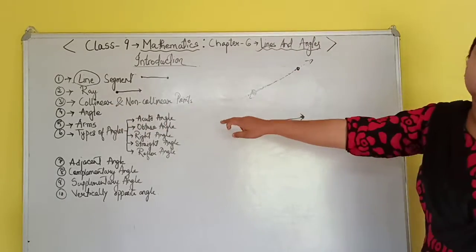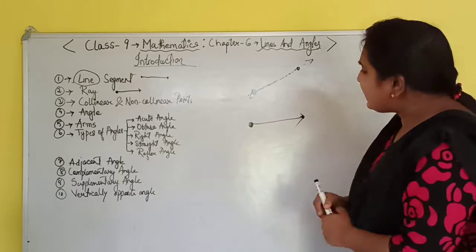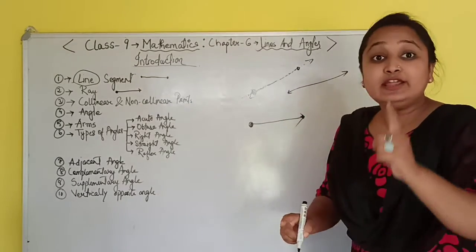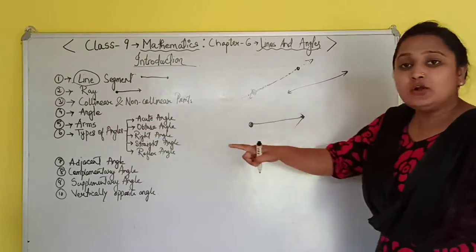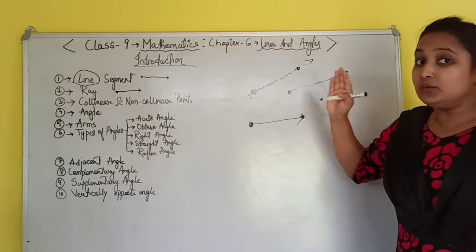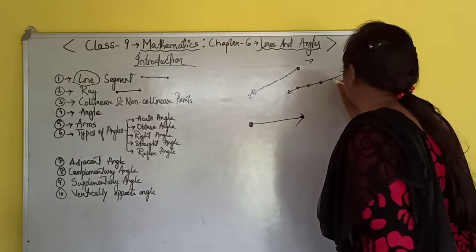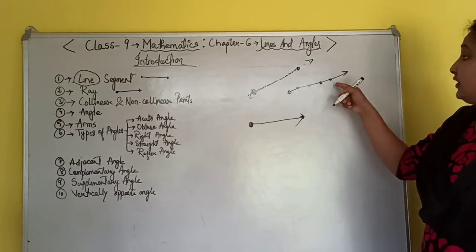Next, we have collinear and non-collinear points. Collinear means if in a line, more than 3 points lie, then they are said to be collinear points. Once again, these are 3 points, but it should be more than 3 points. Suppose this is another one, 4 points.